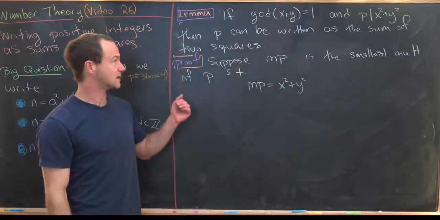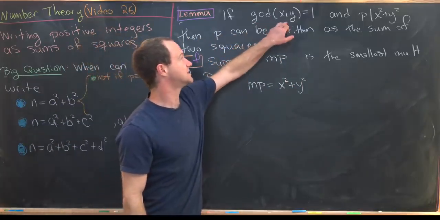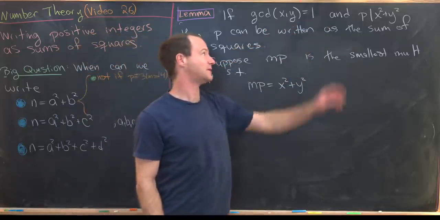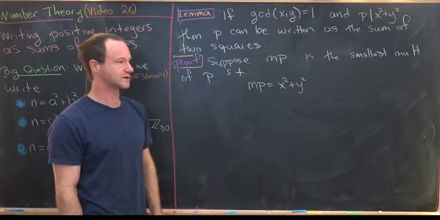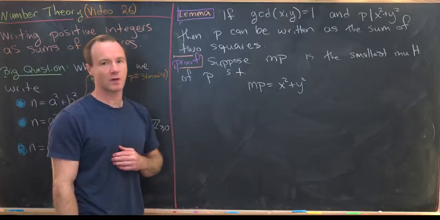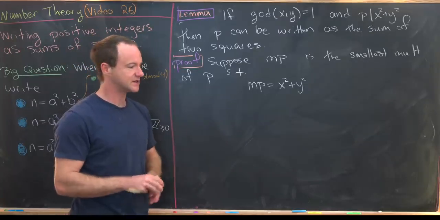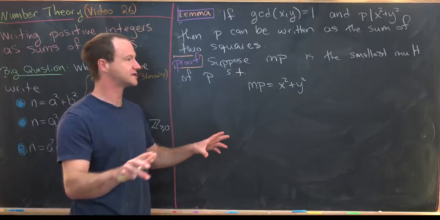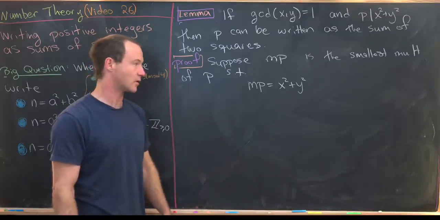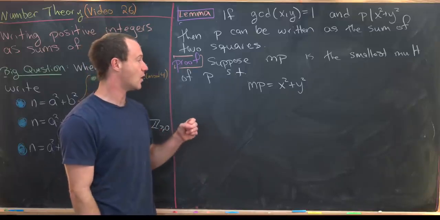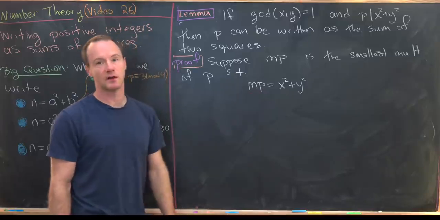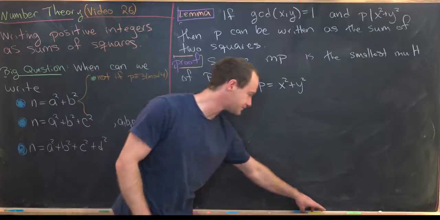Well, let's look at our assumption. We're assuming that these two are relatively prime and p divides the sum of their squares. But that means the sum of their squares is a multiple of p. Well, what we're doing is searching over all such situations of that form and picking out the one that includes the smallest multiple of that prime.